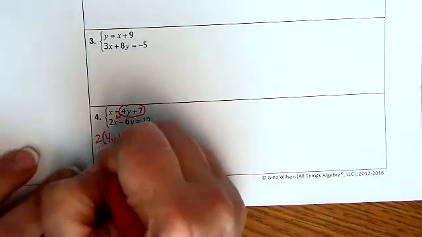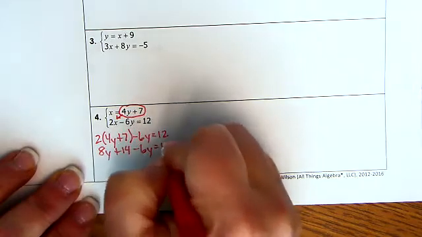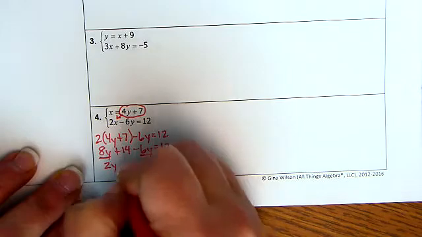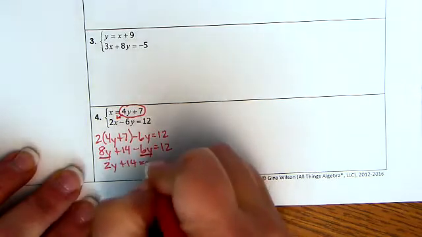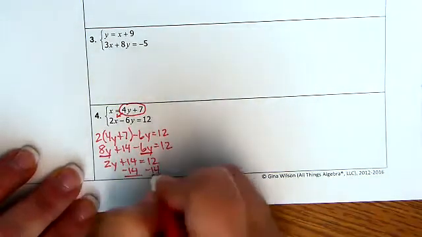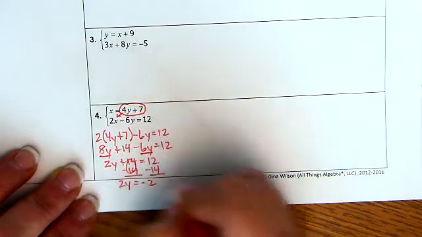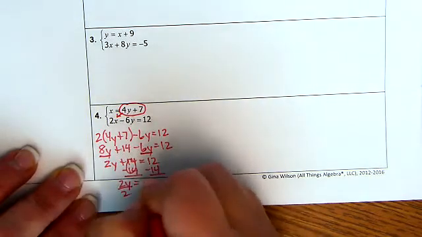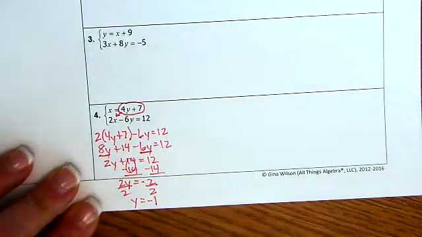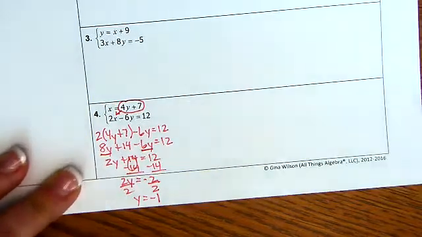And now we distribute: 8y plus 14 minus 6y equals 12. Combine like terms, and I have 2y plus 14 equals 12. Subtract 14 from both sides. This zeroes out, and we now have 2y equals negative 2. Divide by 2, and y equals negative 1. There we go. We found our first coordinate.